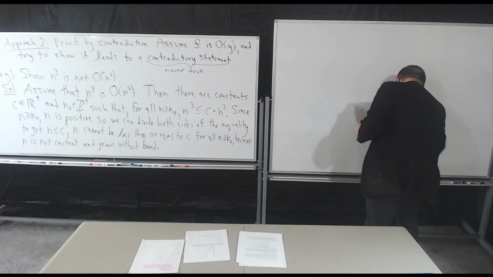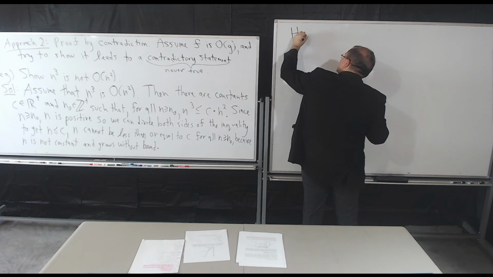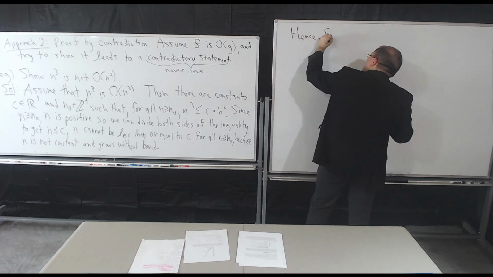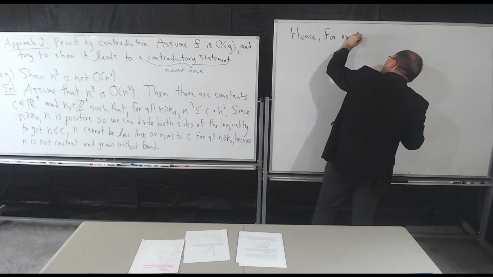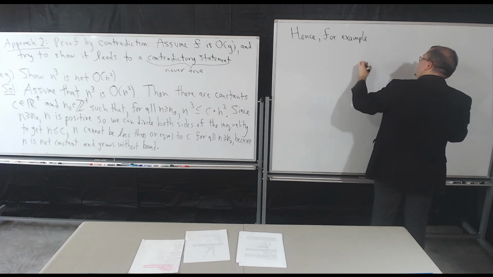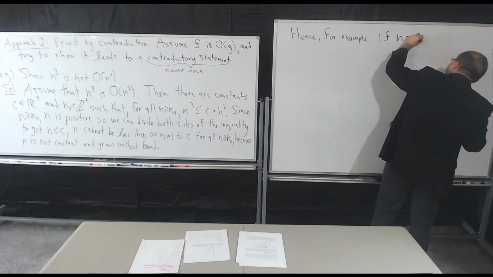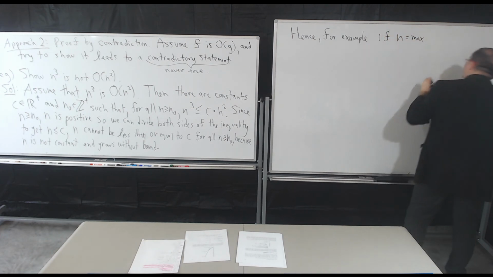Hence, for example, remember, I just need one example. I need to find that n. Hence, for example, if n is equal to the max, I'm just going to use the max function again.